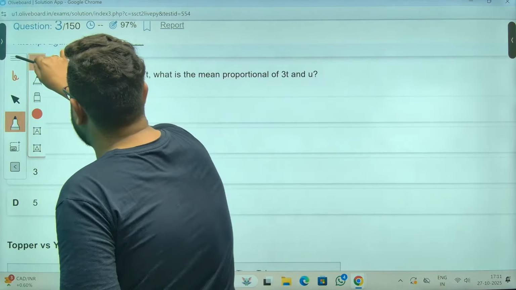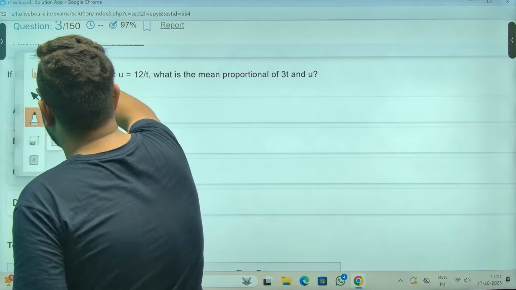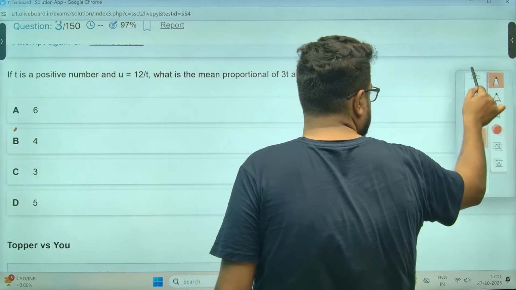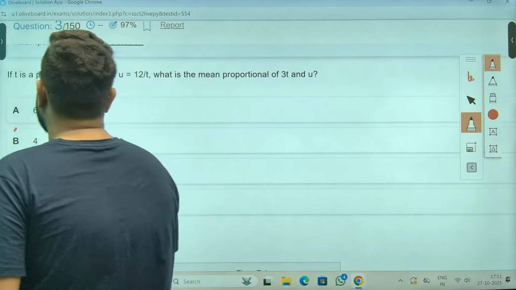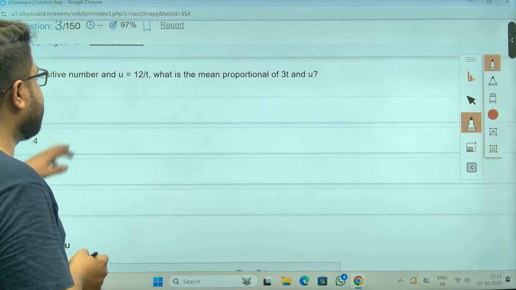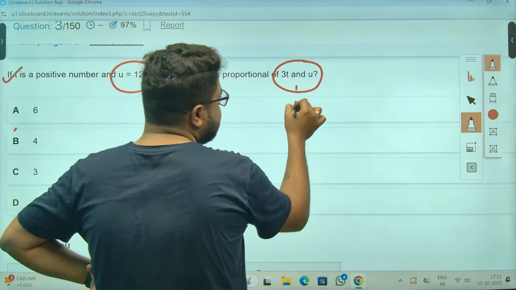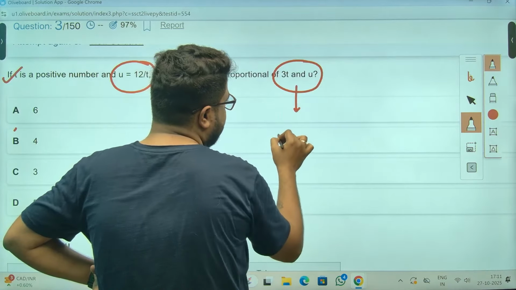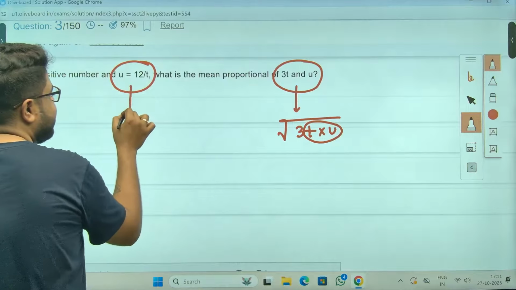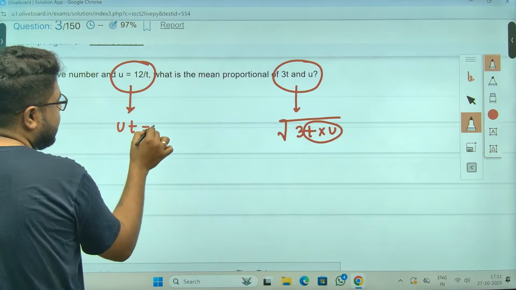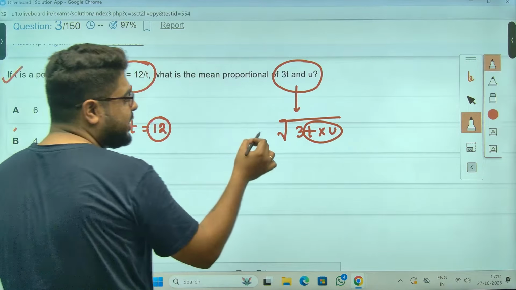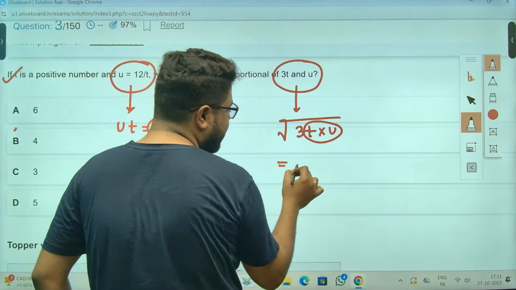T is a positive number, U is equal to 12 divided by T. Mean proportion between 3 and this: mean proportion means root over 3 into T into U. So ultimately I need T into U. From here I can write U into T is 12. Put the value: 3 into 12 is 36. So the mean proportion value will be 6.